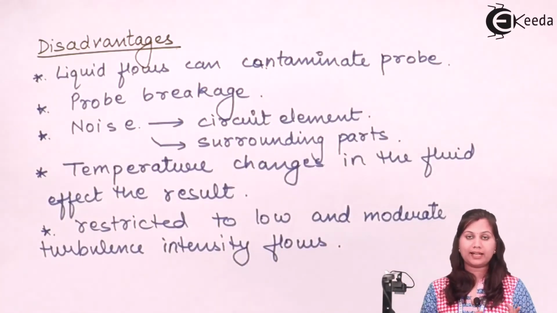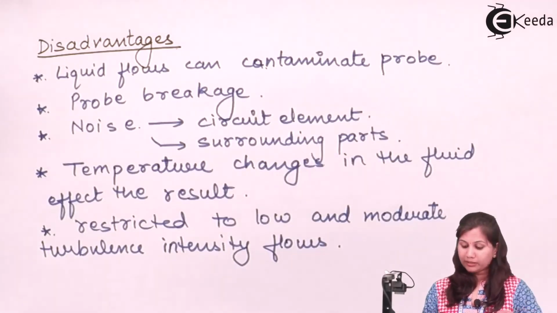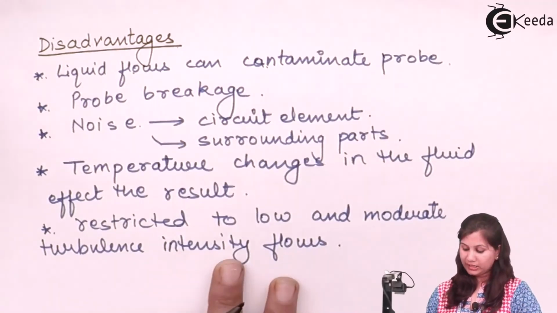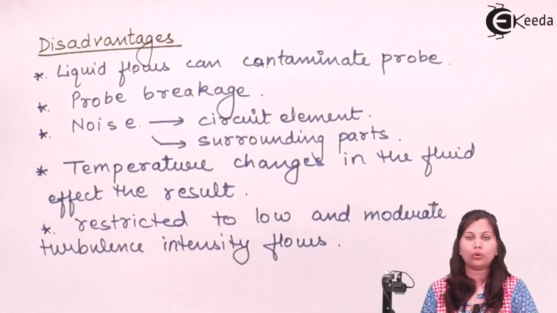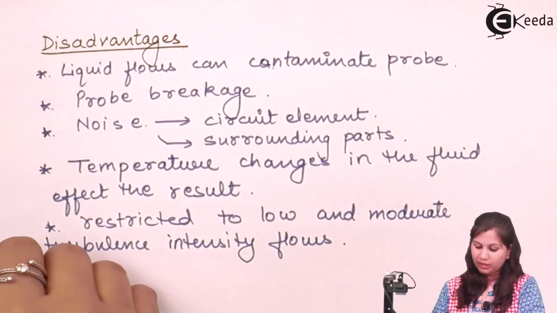Also, as I have said that it can be used for the measurement of turbulent flows, but this turbulent flow intensity is restricted to low and medium values only. So these are the disadvantages of the anemometer. Next come its applications.